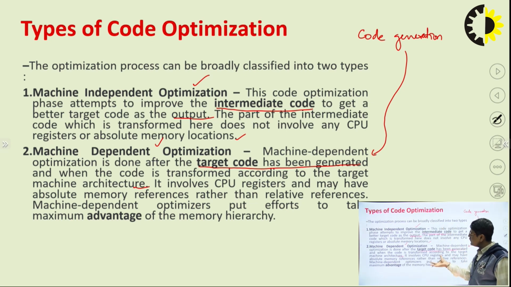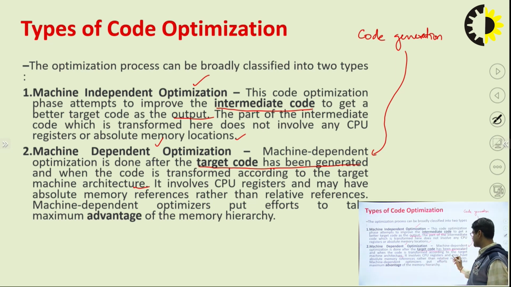Mostly the process in both cases is the same, but some additional optimization is required for machine dependent optimization, like peephole optimization. Peephole optimization is not used for machine independent optimization, but constant folding, local optimization and function preserving transformations are also used for machine dependent optimization.